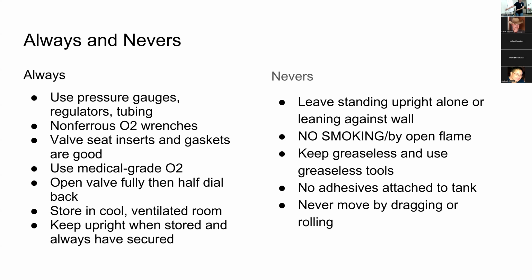Notice how it is upright, not leaning against the wall, in a non-trafficked area, for example. For your practical portion of oxygen administration, you'll put the regulator on, you'll hook all your stuff up, you'll check it, all it checks, and you'll lay it down, just because that is part of, I don't know if it's a critical fail on that, but it is part of that thing, that you lay the tank down.